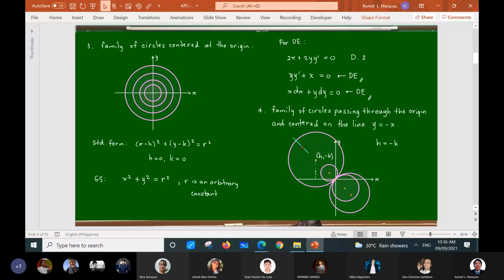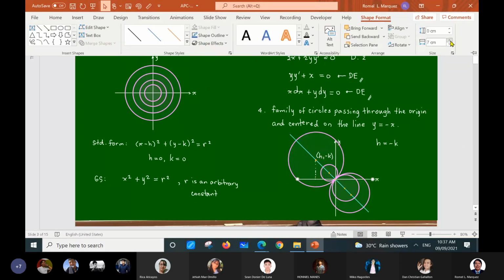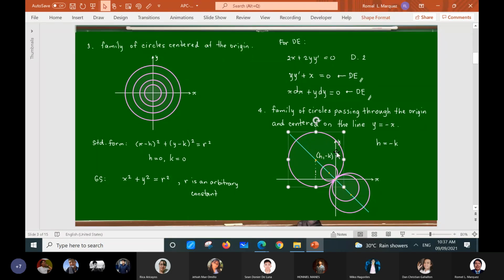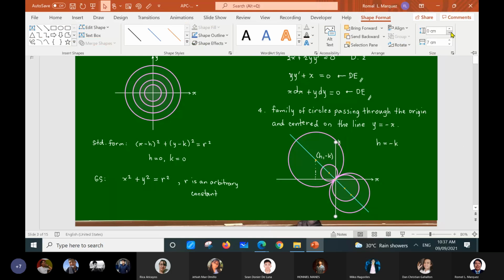Parang kailangan ko i-diretso ito para maganda. Itong x-axis para lang maganda siya. Tingnan. And then yung y-axis I need to extend. But I have to make it.